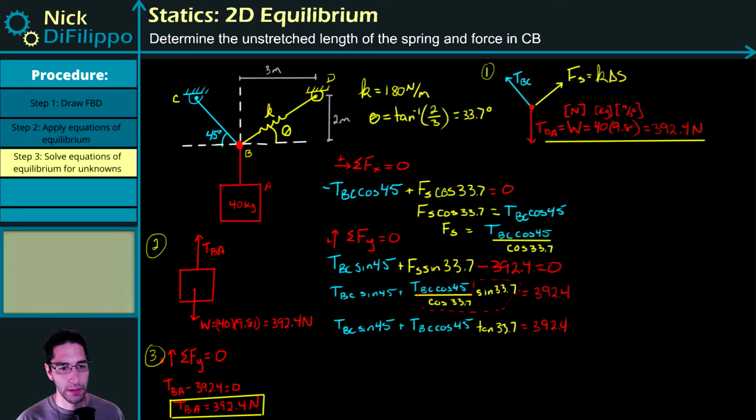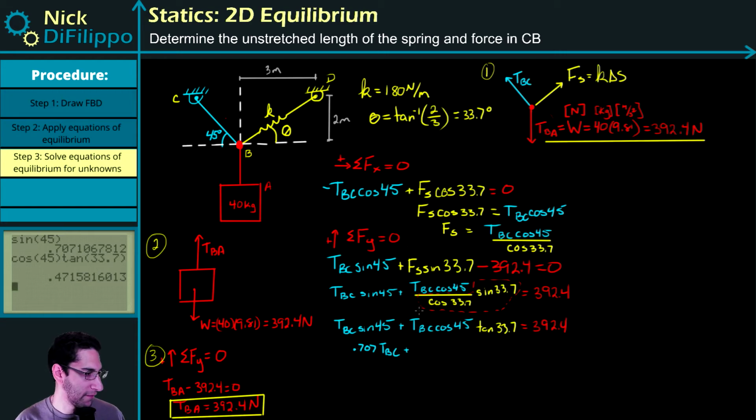So let me clear the calculator. Let me just put these in first, and then I can write them in. So we're going to have 0.707 TBC plus 0.472 TBC is equal to 392.4.